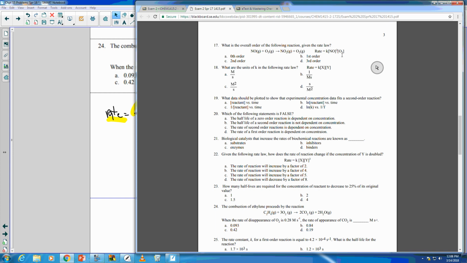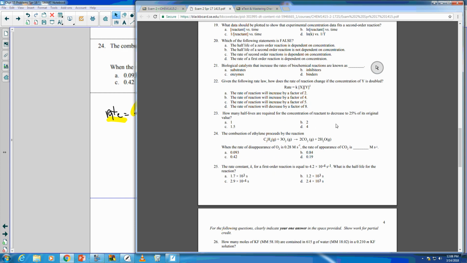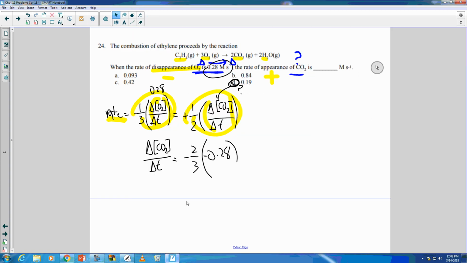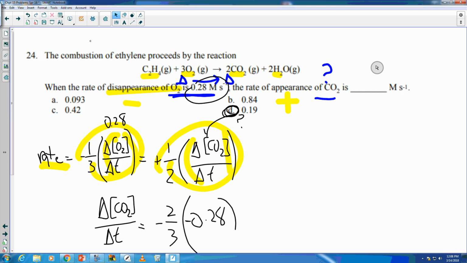Okay. Right, what's next? Same test? Yeah, it's the half-life question. Okay. So it says how many half-lives are required for a concentration to decrease to 25% of its value. I'm just going to go over on this page so I can write. Okay, so if we look at half-life, what's changing?